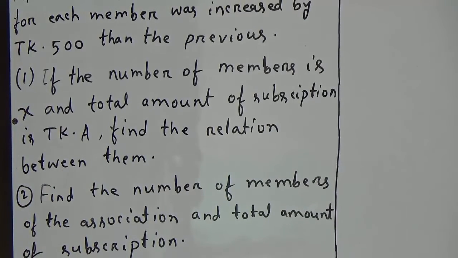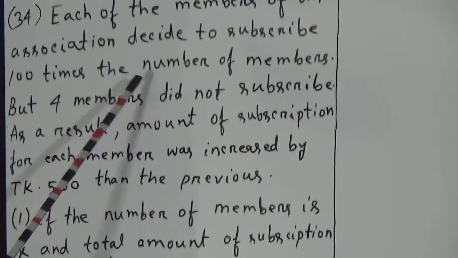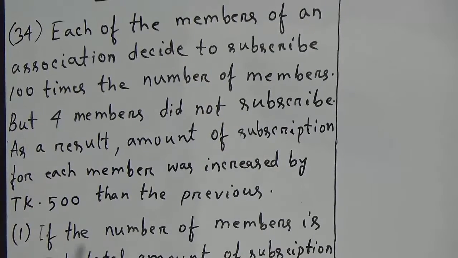Dear students, here it is said that the number of members is X, and in the stem it is said that each of the members of an association decide to subscribe 100 times the number of members. Here number of members is X and each member's subscription is 100 times of number of members. That means 100x. So that each member's subscription will be 100x.